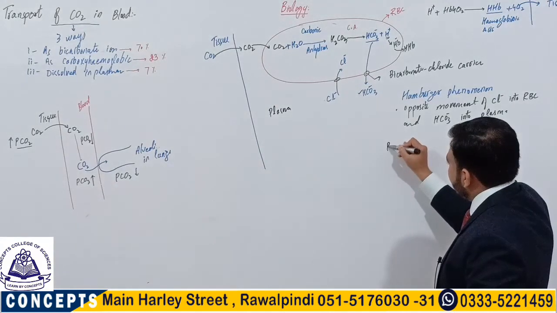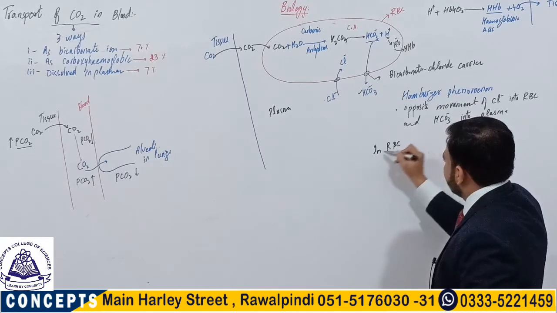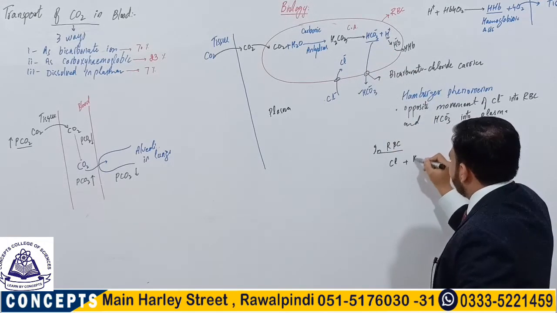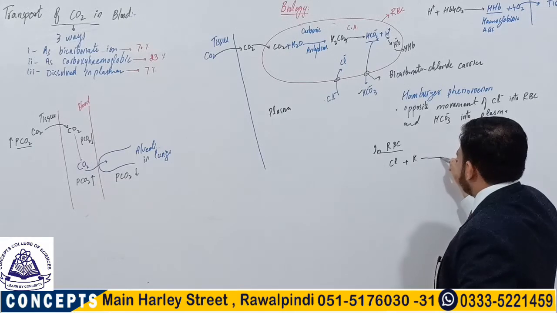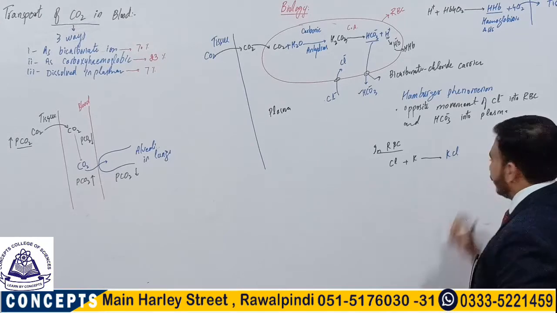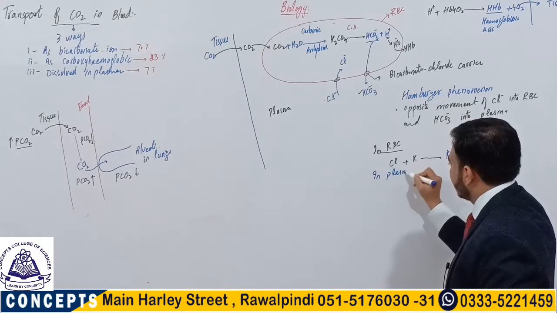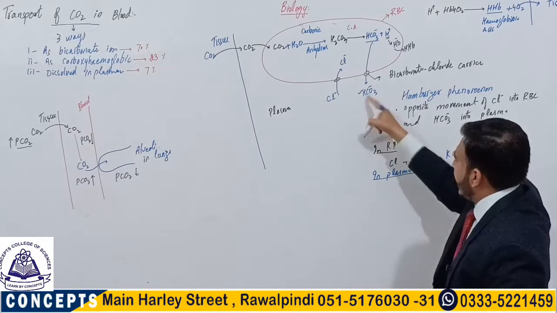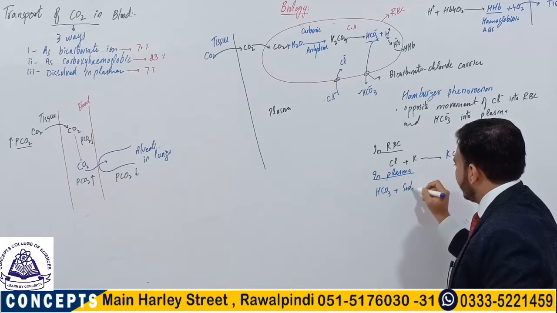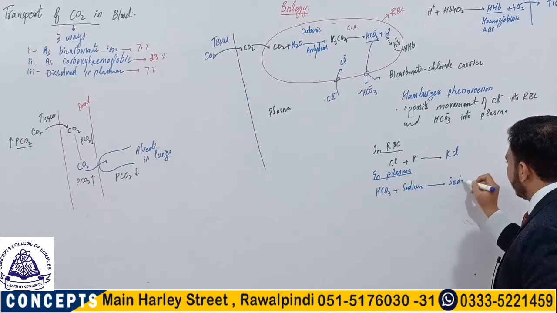You can see in RBC, chloride ion reacts with potassium and that gives potassium chloride, and in plasma, HCO3 bicarbonate ion reacts with sodium and that gives sodium bicarbonate.